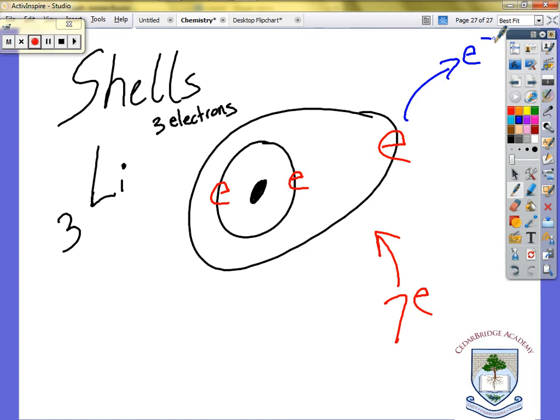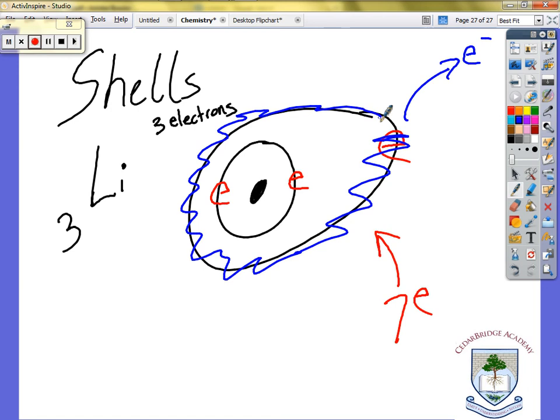Okay? So they'll do whatever they can. They'll get rid of electrons, they'll steal electrons, they'll share electrons. They don't care. They just want to have their outer shell to be full. And then they're happy.